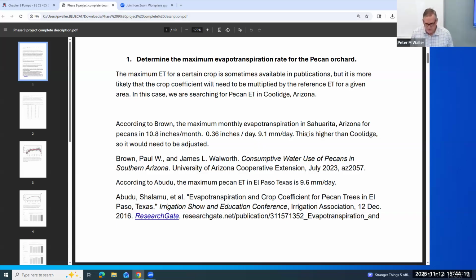But we're not going to be able to use that number because Coolidge is hotter than Sahuarita. There's also a study from El Paso, Texas, but that's also a higher elevation and a different climate. So their maximum pecan ET was 9.6 millimeters per day.